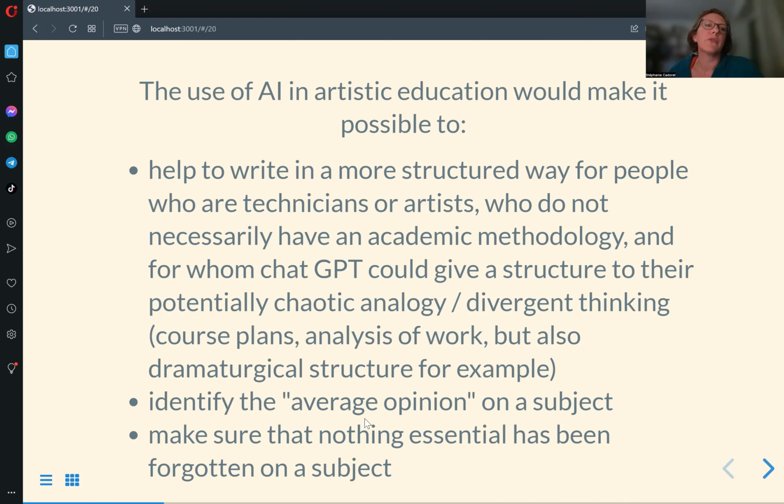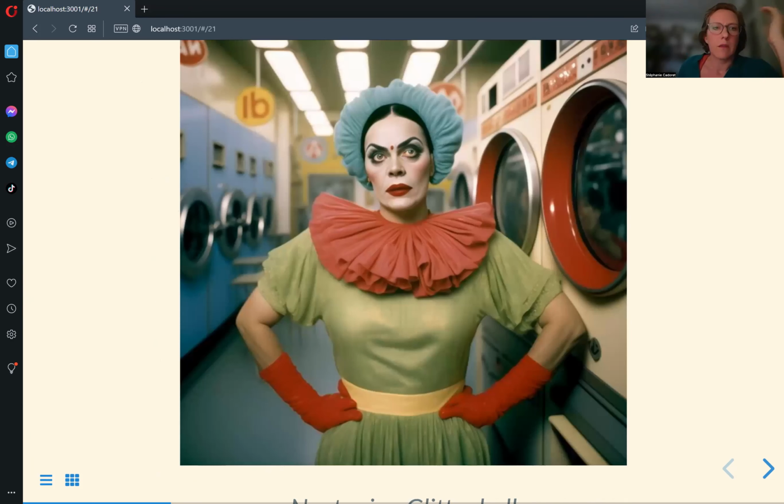It helps to identify the average opinion on a subject, and it can also be a way to make sure we didn't forget something essential on a subject. The problem being the standardized output that it gives.